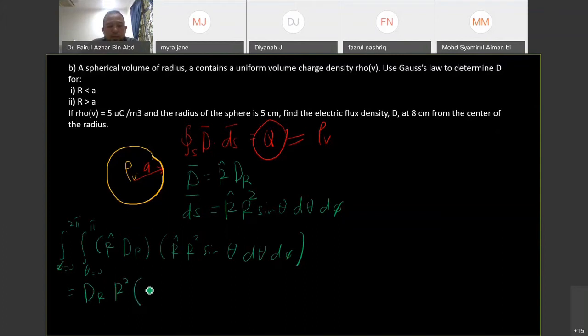If you solve this, we have r squared. The integration of sin theta from 0 until pi gives 2, and the integration over phi, because we don't have any phi term, gives 2 pi. So the result that we get is equal to 4 pi r squared multiplied by D r.